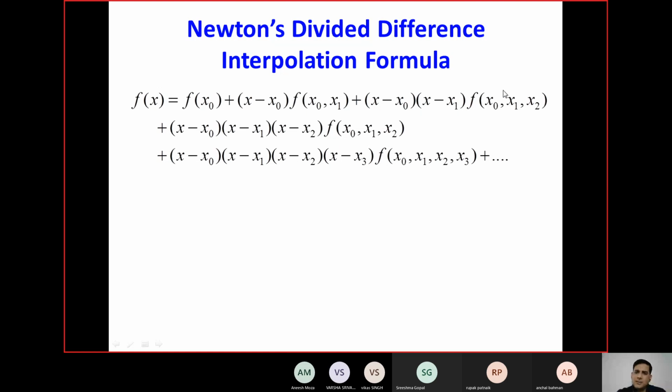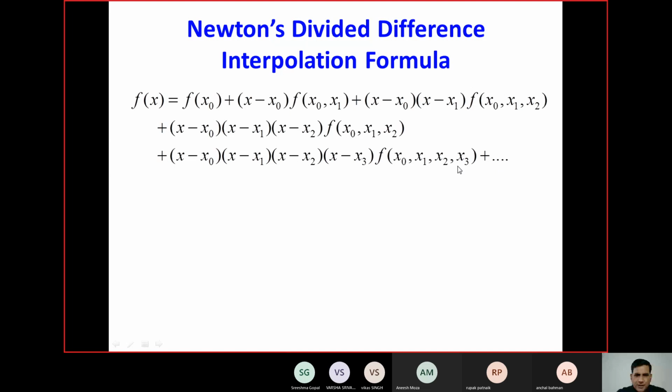Can you tell me what this is? f bracket x naught, x1, x2. What is this? Second divided difference. This is again your second divided difference, and then you are going again. This you got your third divided difference. So that way it keeps on expanding. Fine. Yes, sir.